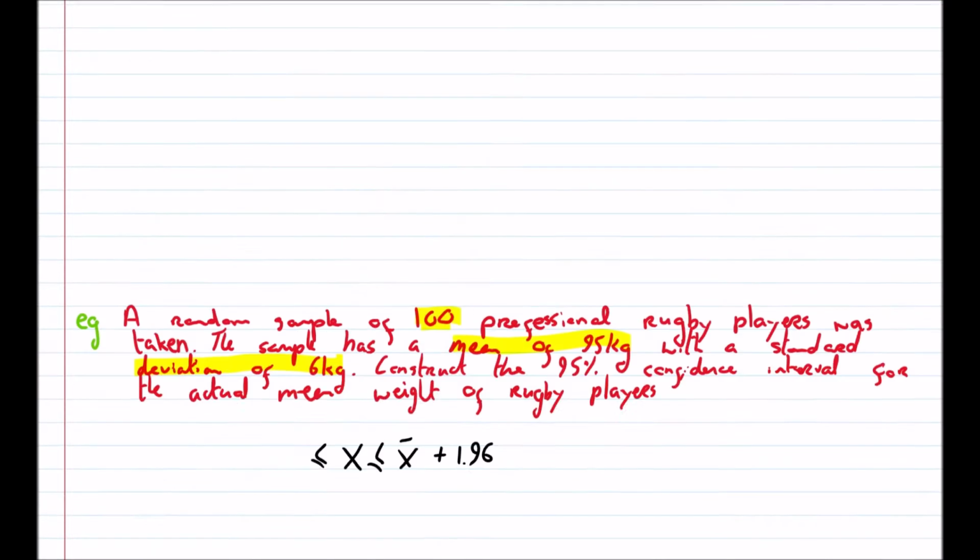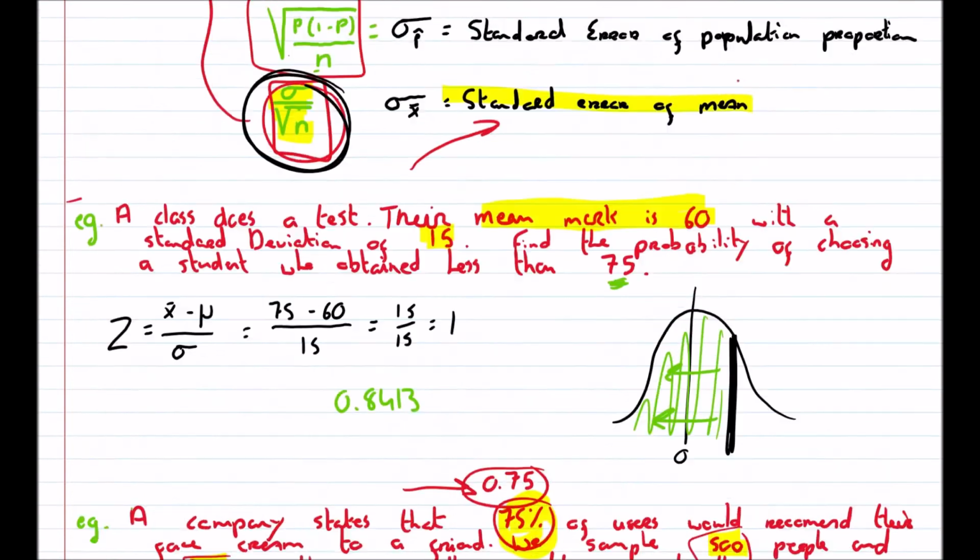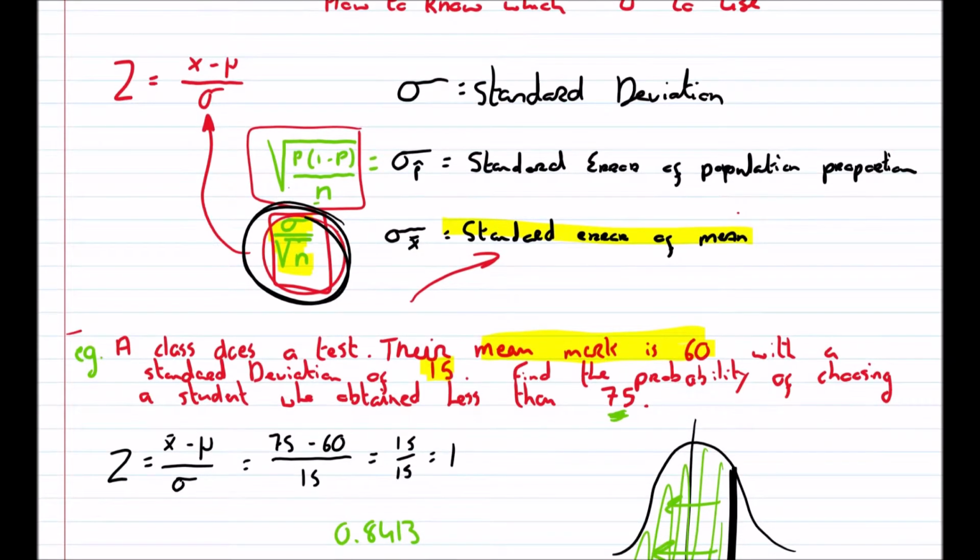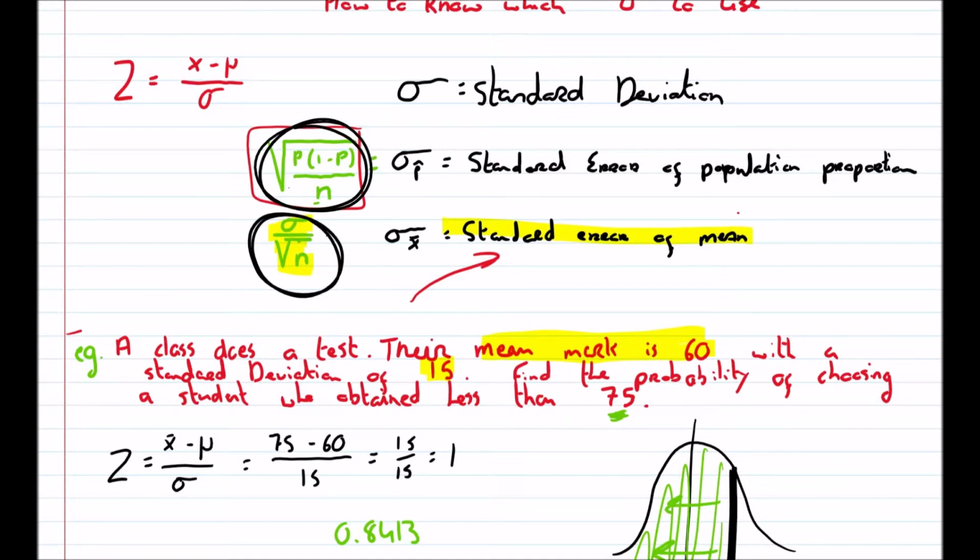So it's just like the regular confidence interval, but remember it's a confidence interval of a mean. So we'll be looking at this now as opposed to this to get our standard error, because this here gets the standard error of a mean and this here gets the standard error of a population proportion.